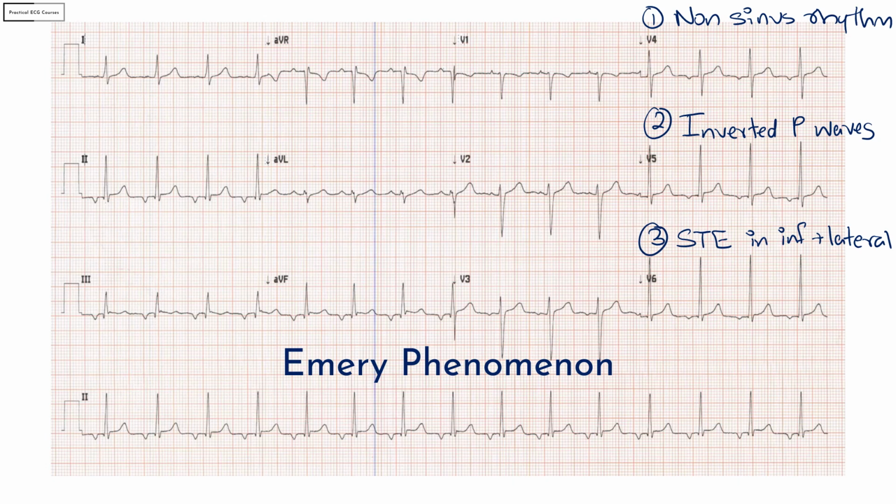In addition, that knowledge does not serve any other purpose in ECG interpretation. So just remember that there is something called Emery phenomenon in which an inverted P wave can cause an ST elevation, therefore mimicking an ST elevation MI. Once the rhythm goes back to sinus rhythm, the ST segment goes back to the baseline.